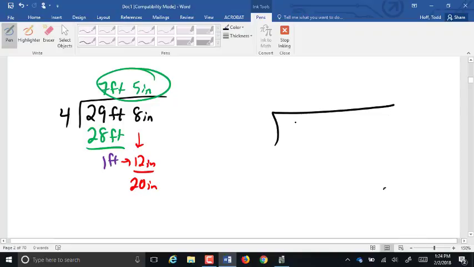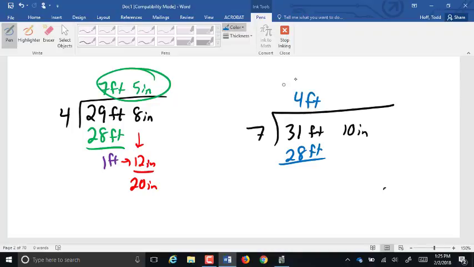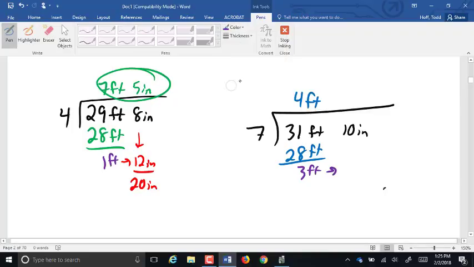We can run into some tricky ones like this. We could have 31 feet, 10 inches divided into 7 equal pieces. What is 31 divided by 7? 4. What's 4 feet times 7 would be 28 feet. So how many feet are left over? 3 feet. We convert that to what? 36 inches.